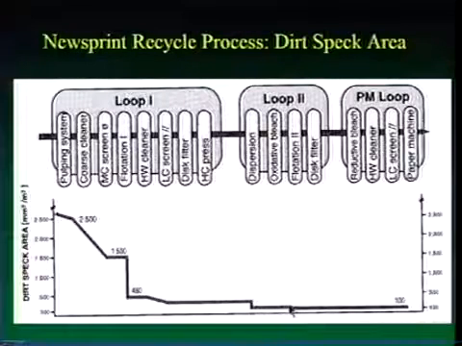And then this little bump right here is the flotation 2. And that doesn't look like a big one, but actually going from, let's say, 200 to 100 ppm is important for our brightness. And then we're going to just kind of keep going like this, and we get a final dirt speck area of 100 ppm, which is not that clean compared to like printing and writing grades.